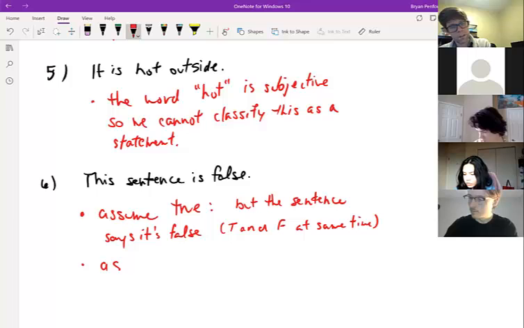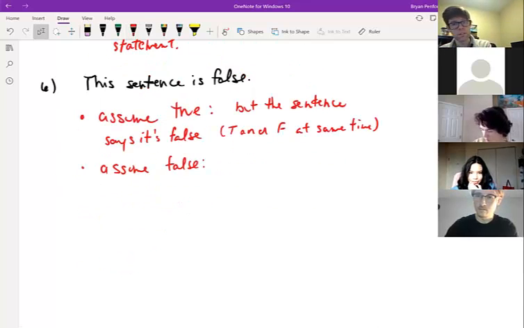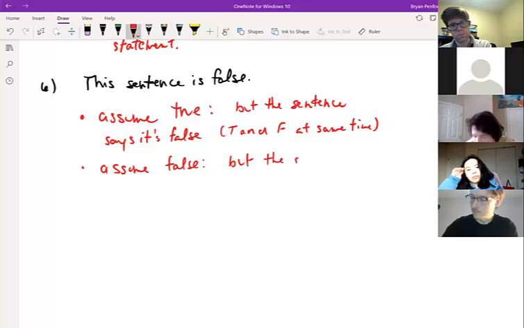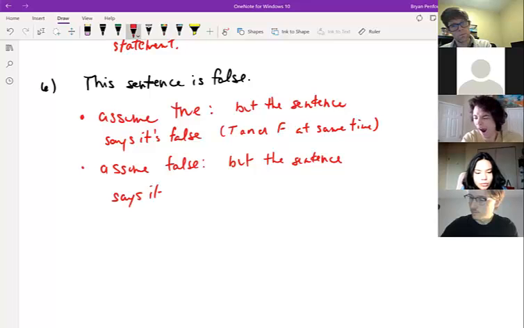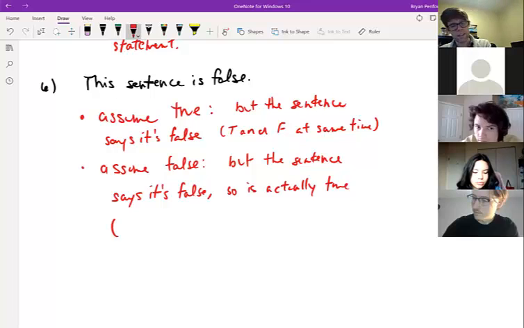If we assume false, then the sentence says that it is false, so in which case the sentence is truthful. And you run into that case again where it's both true and false at the same time.